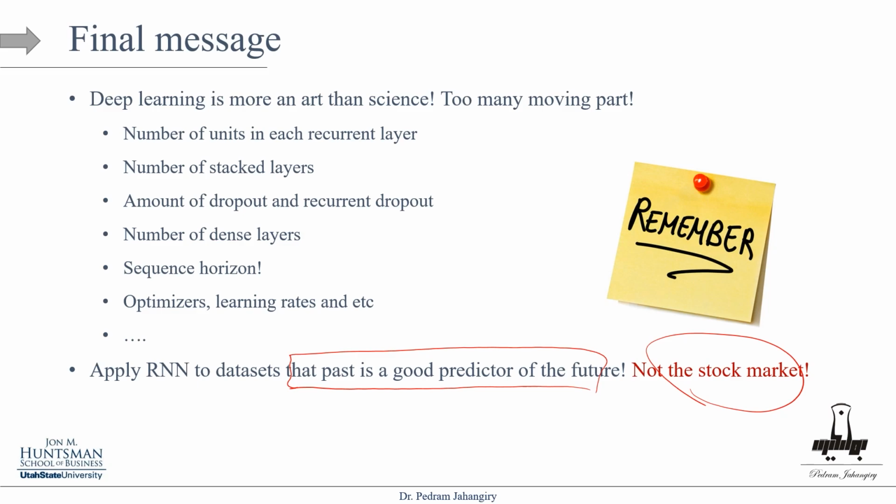Does it mean that you cannot use deep learning for stock price prediction? That's a different story. It's not in this setup, where you have a univariate or even multivariate series that you want to forecast. You can use deep learning to create some very well studied and engineered features, and then use those features and indicators to add to your model to come up with better predictive power, not applying LSTM or RNN directly to the price.